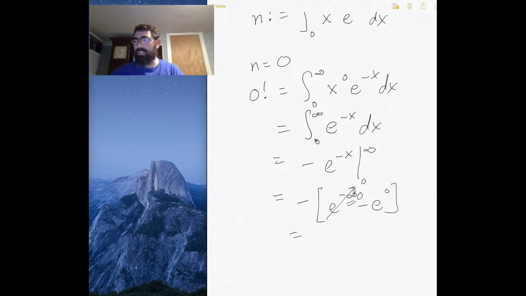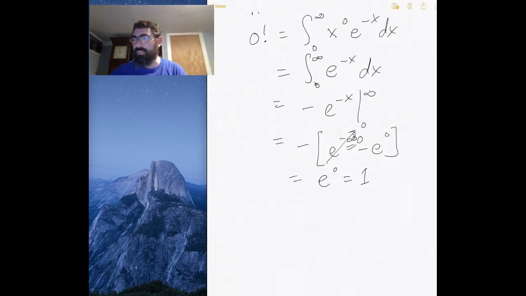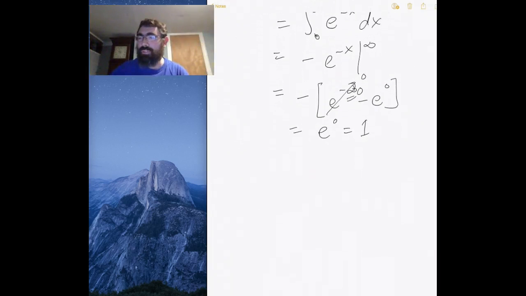So we're left with e to the 0, or 1. So we get this result, which you've probably been told when you were much younger, that if you take the factorial of 0, then the answer should be 1. And now you know why.